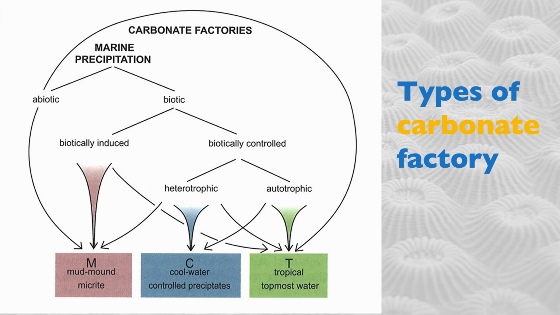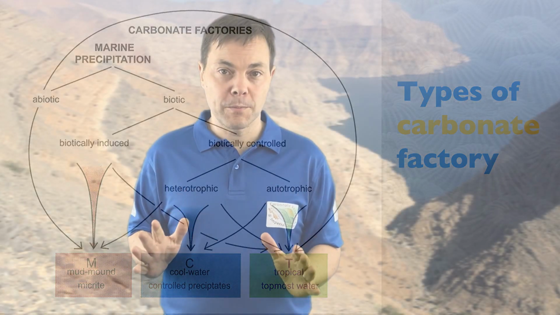If we look at the biotically controlled factories, we distinguish two types of factories. One is dominated by heterotrophic organisms, like the shells we've seen on that beach. This is known as the C factory, C for cool water carbonates, but also for controlled precipitation.